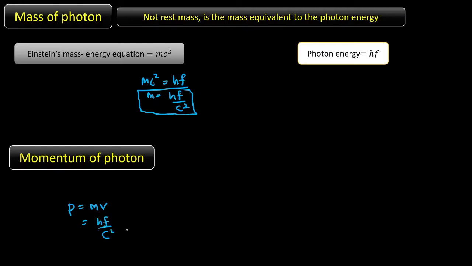The velocity of a photon is the speed of light, or the speed of the electromagnetic wave, which is c. So p, the momentum, is equal to hf per c. This is the expression for the momentum of a photon.